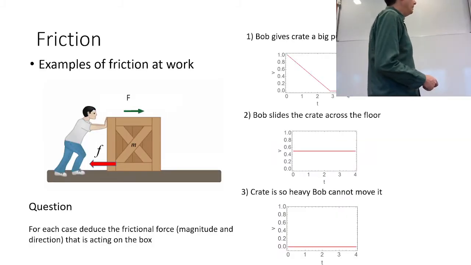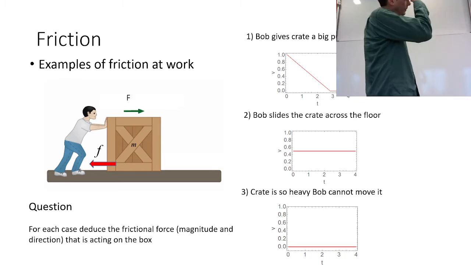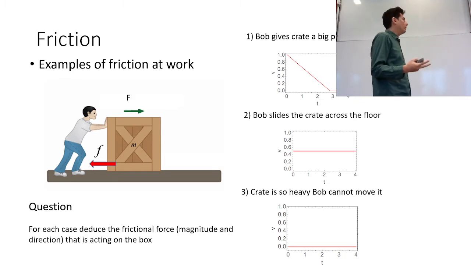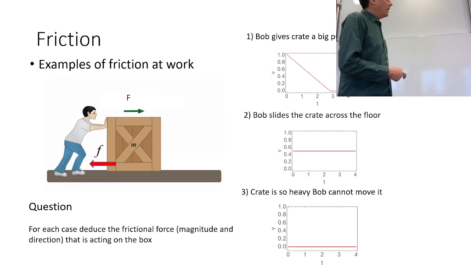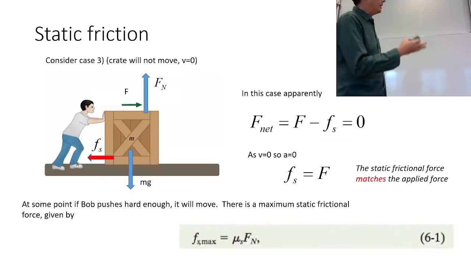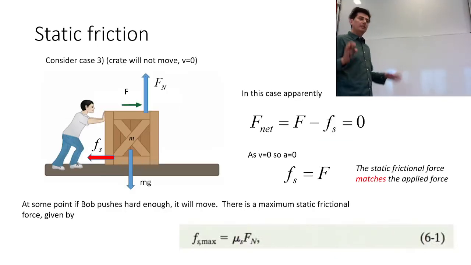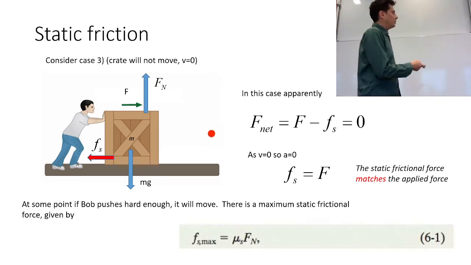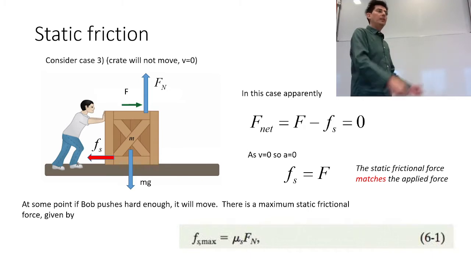The main takeaway message here is that there are two types of friction force. There's the type of friction that you have when something is not moving. So if something is basically stuck to the ground, say this person here is trying to push this box, but it's not moving, this is an example of static friction.